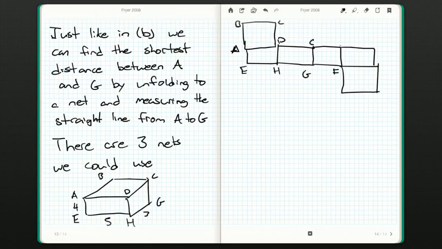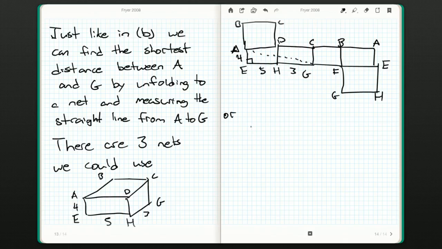That's F. That's B. That's A. That's E. E, F, G, H. Okay, so we can either have 4 and then a 5 and then a 3. It's giving us a right angle triangle of 4, 5, and 3.